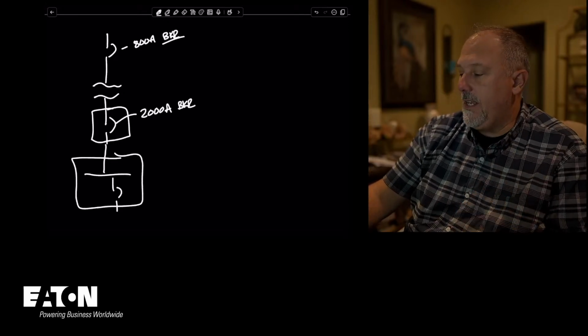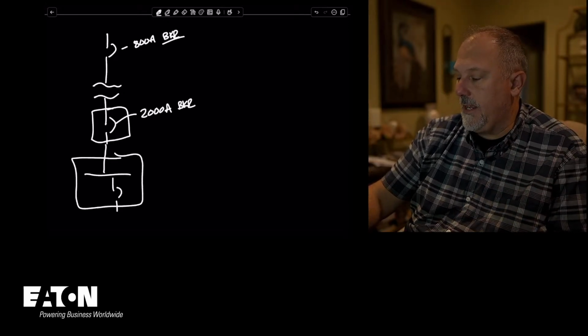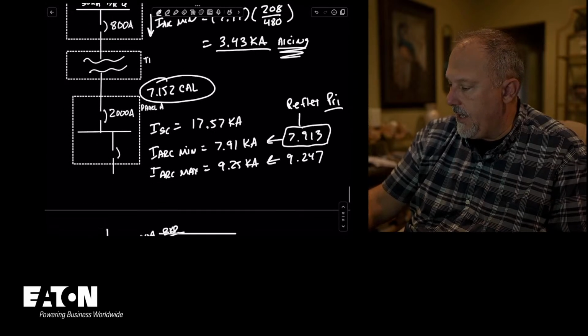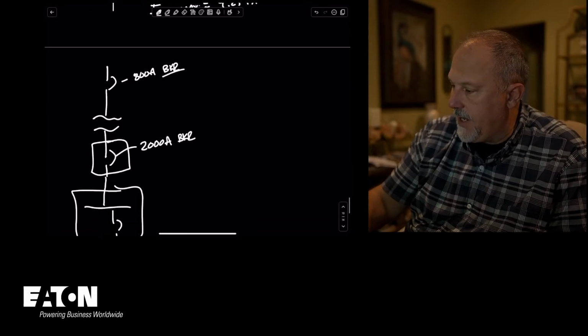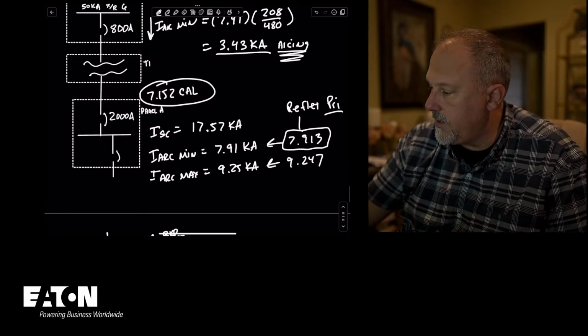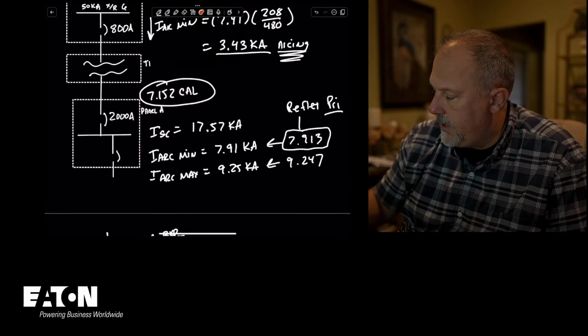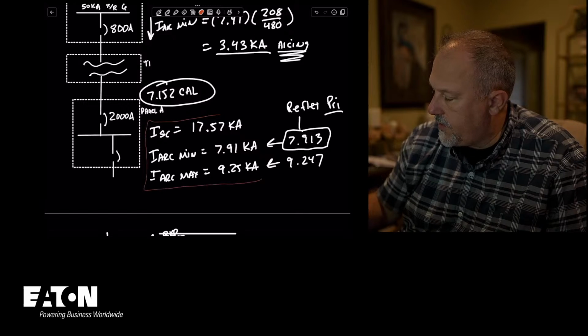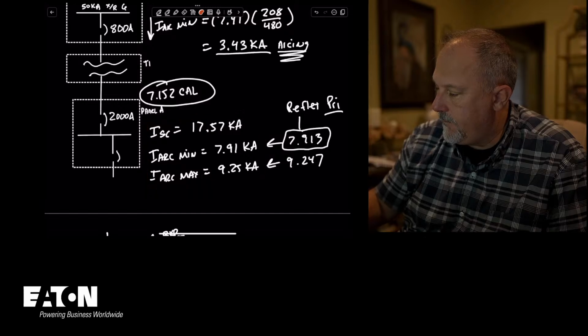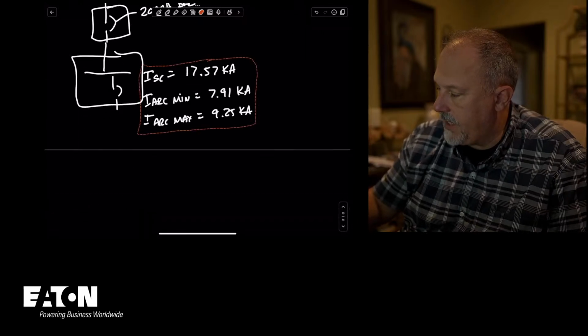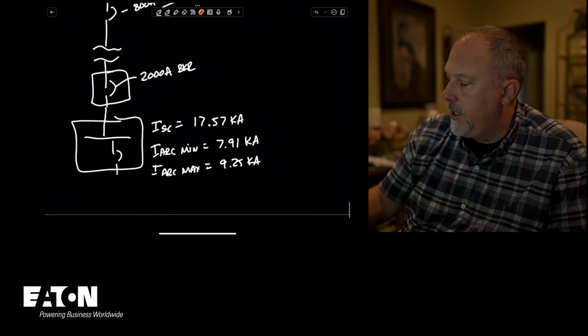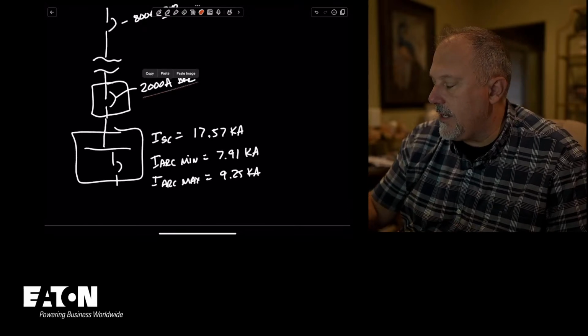So if I move the 2,000 amp breaker, I know that my 17.57, I'm at, let's do this. Copy. Paste. So now I have a 2,000 amp breaker.